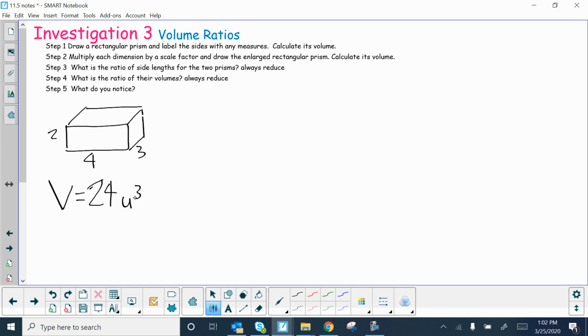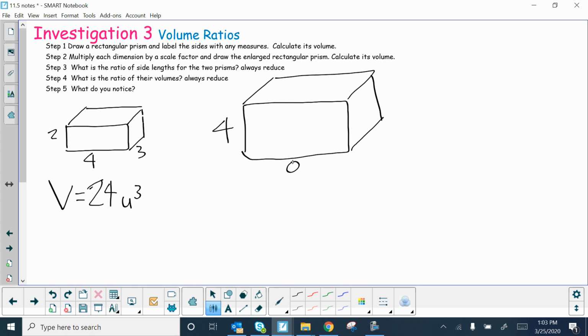Now it says multiply each dimension by a scale factor and draw an enlarged rectangular prism. So let's pick an easy one. We'll go back to just scale factor of 2. So we're making it larger. So that means this is going to be 4, this bottom side is going to be 8, and this one's going to be 6.